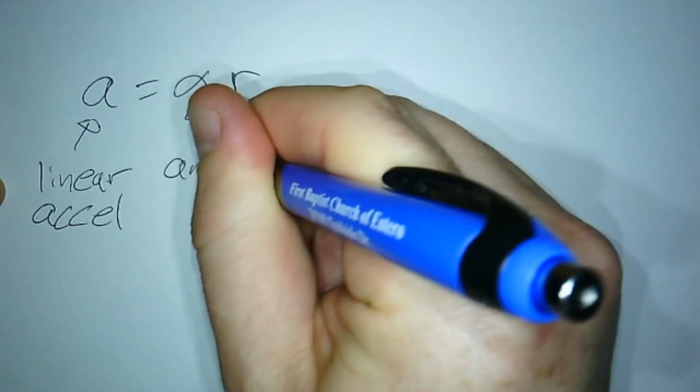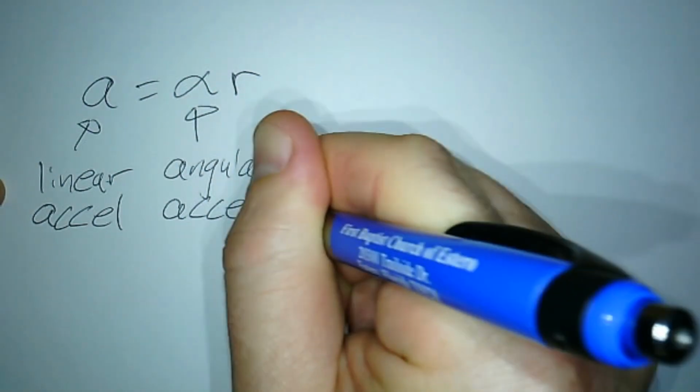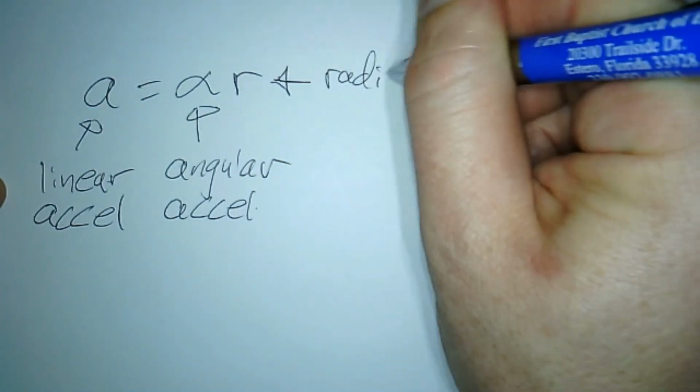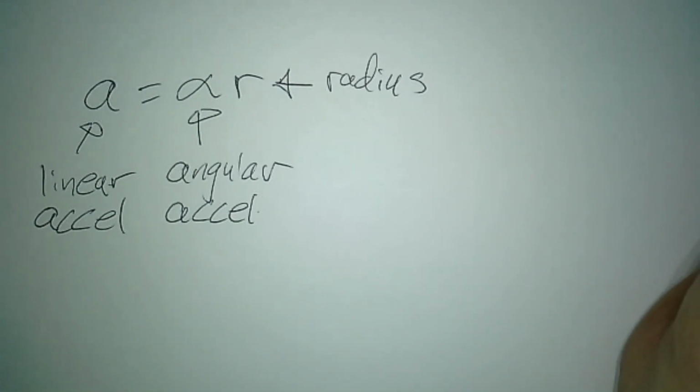So linear acceleration is A, angular acceleration is alpha, and R is, as always, your radius, right? So there's another formula you have. And that's it. So all of these are the same formula.